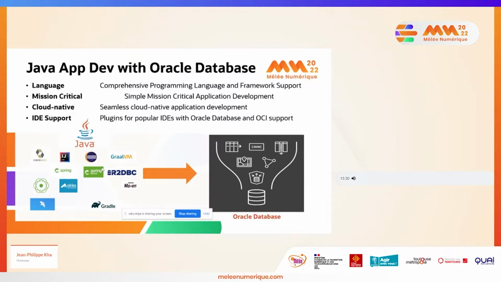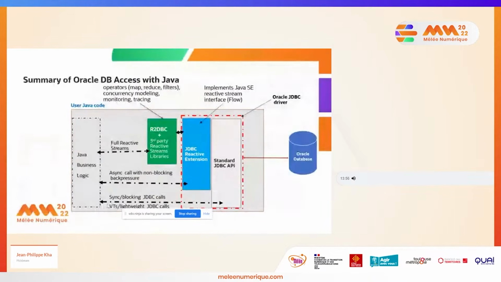We have an interesting project by Oracle Labs called GraalVM, which is a polyglot runtime virtual machine, that you can use to compile your Java code, for example, to run as native code. So the performance is really fantastic. We support all the build tools as usual concerning the Java ecosystem, things like Gradle and Maven, as you can see here.